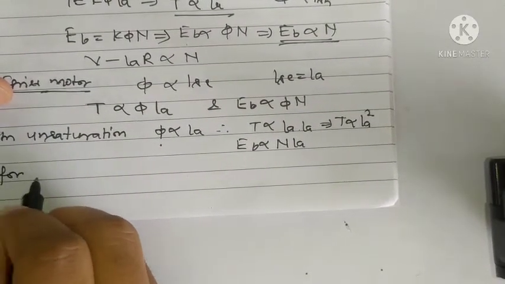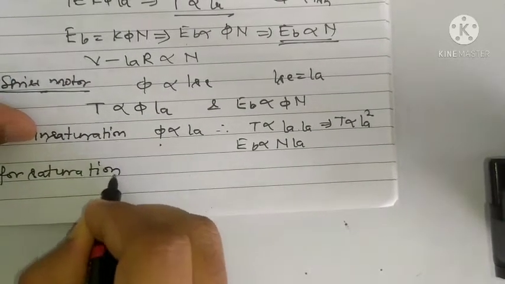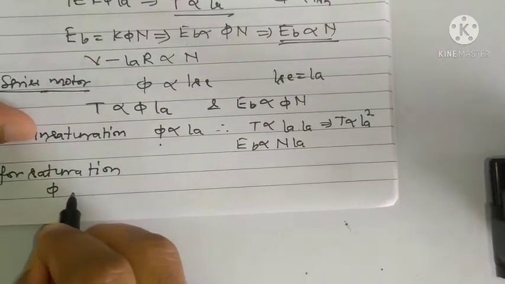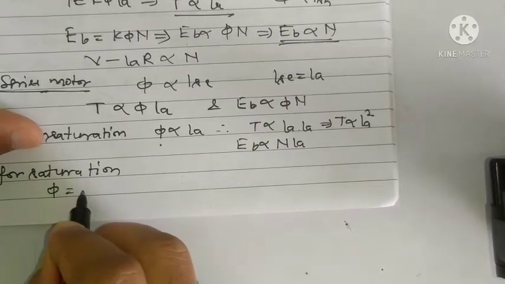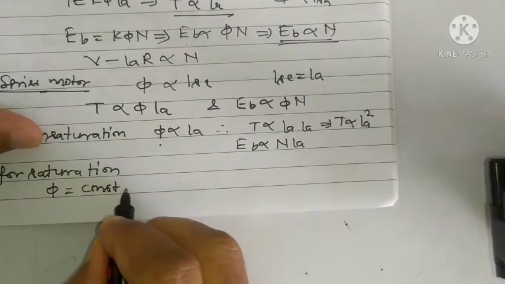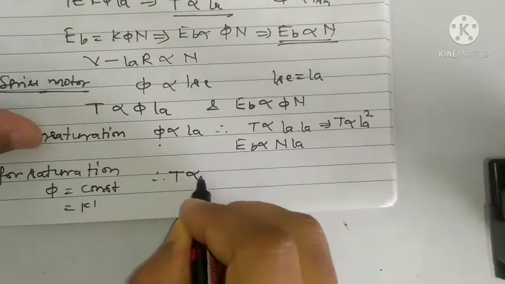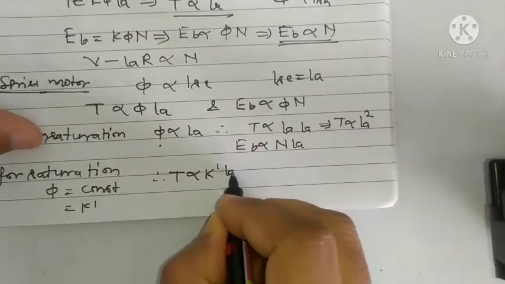And for saturation, phi is equal to a constant, say K dash. Therefore, torque is directly proportional to K dash Ia.